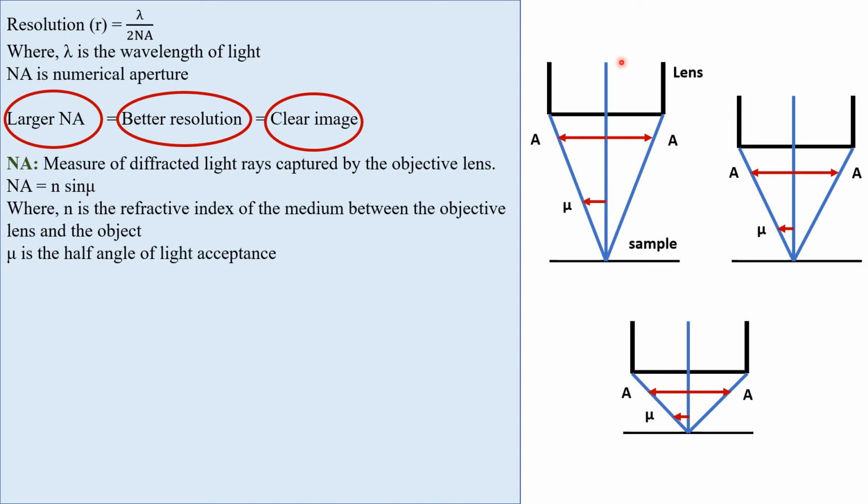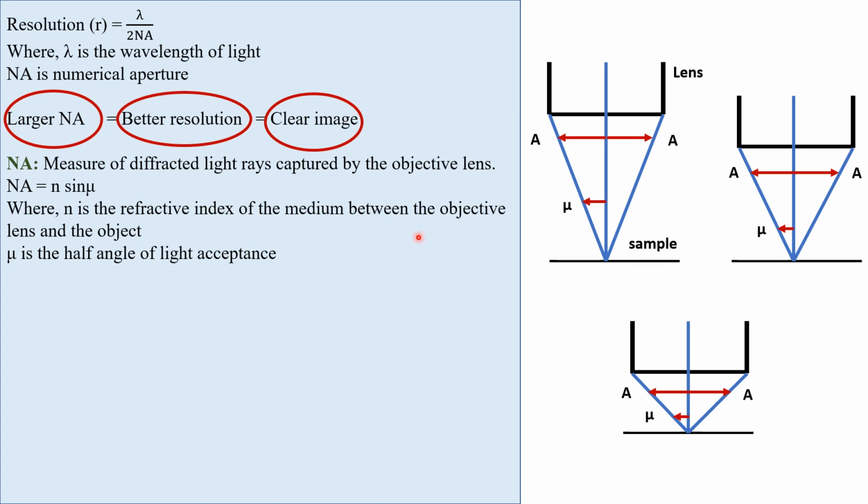Now in this picture, you can find that mu is increasing from here to here. So you are pressing the objective lens downward, and mu is increasing.